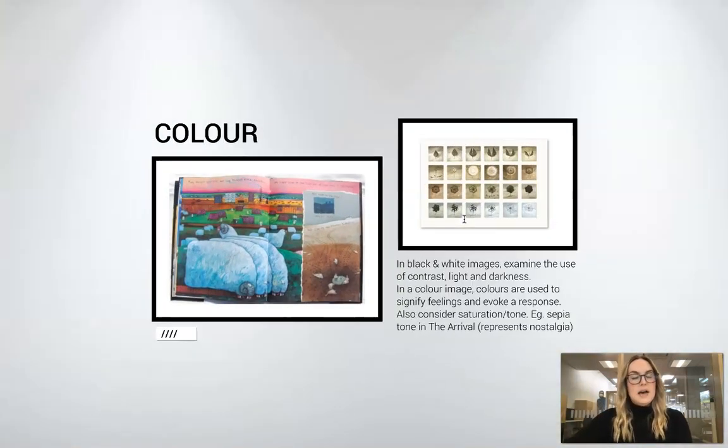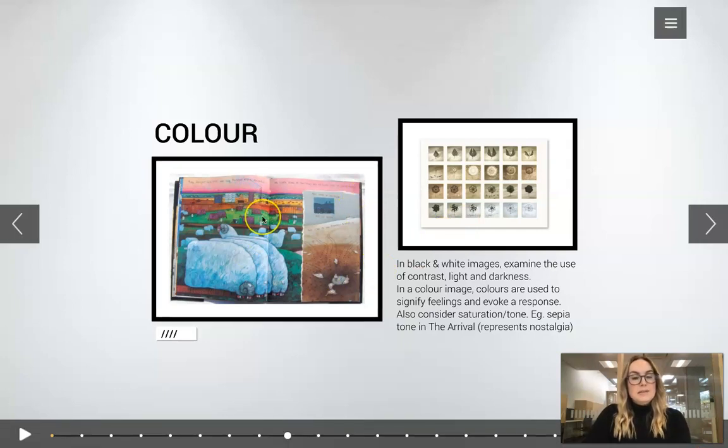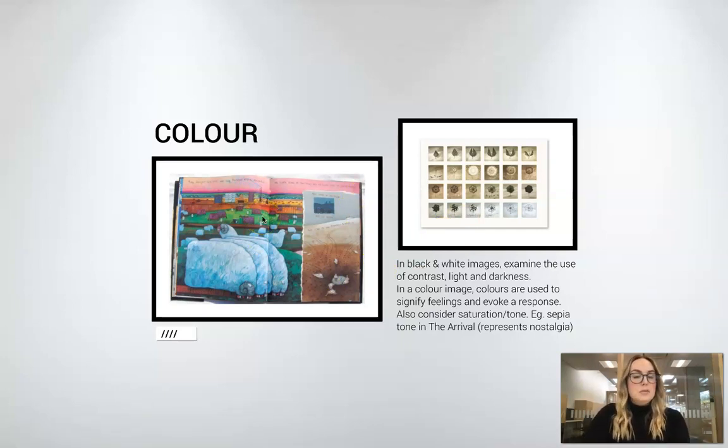The next one here is colour, which hopefully is a bit more of an obvious one. We really look at not just the difference between black and white and colour, but also the meaning behind certain colours and the contrast of light and dark. So quite often blue might look quite calming, usually it's a calming colour, but in the context of The Rabbits, blue is also quite an artificial looking colour.